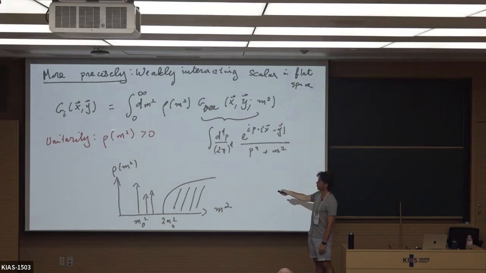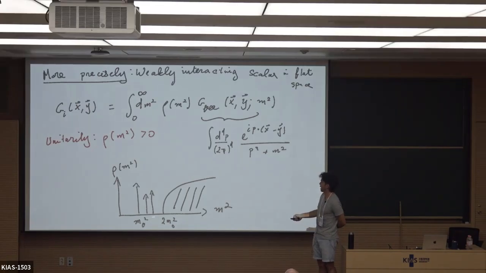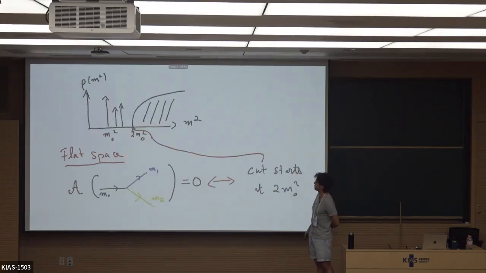Unitarity forces this density to be greater than zero. This is known as the Källén-Lehmann representation in QFT. In a generic QFT, this density looks like this. There are some mass poles, and then there's a cut at 2m squared, where m is the mass pole, and the density is positive there. The fact that you have this separation between the poles and the cut is what makes this kind of amplitude not possible for these kinematics in flat space.